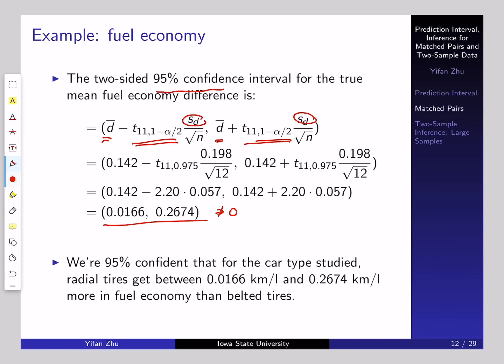And the interpretation of the result of the confidence interval is again like this. We are 95% confident that for the car type studied, the radial tires get between 0.0166 and 0.2674 more in fuel economy than the belted tires.